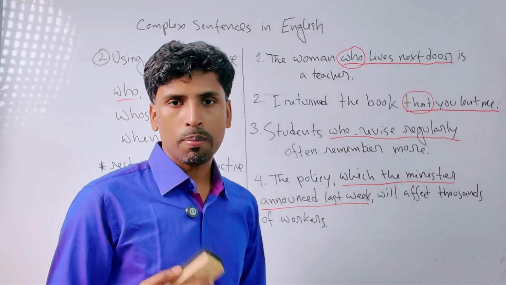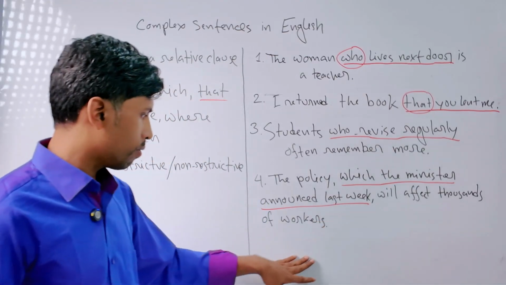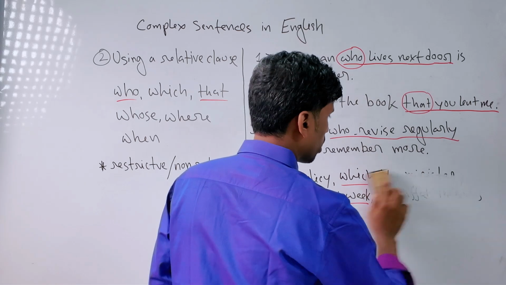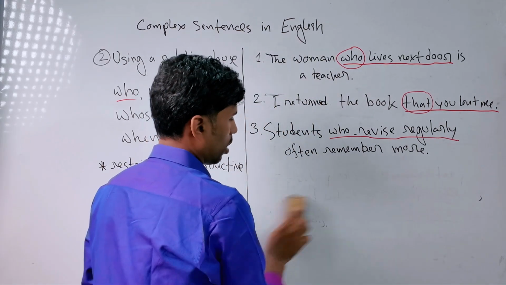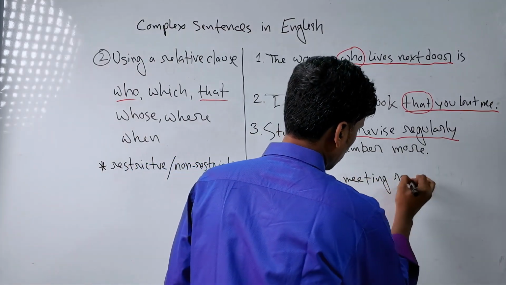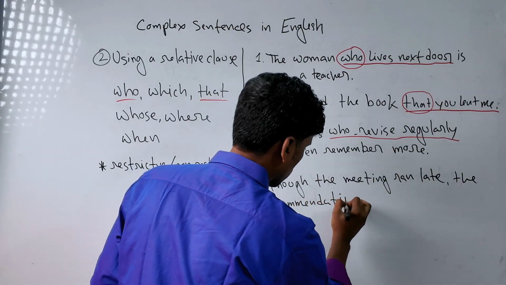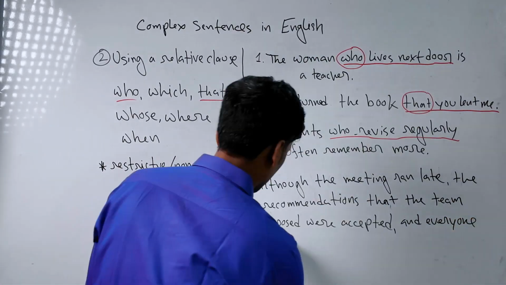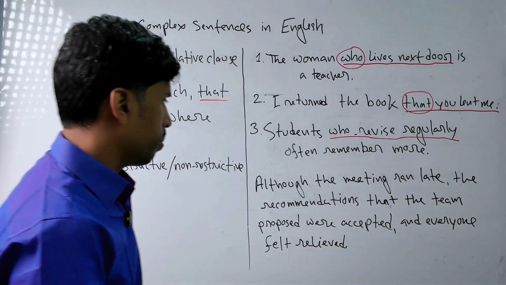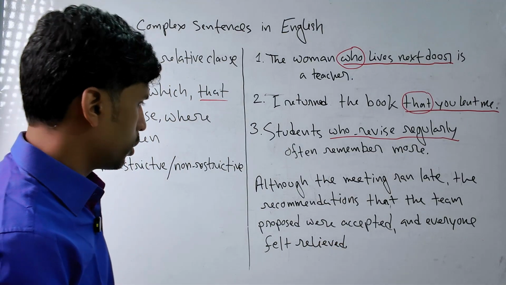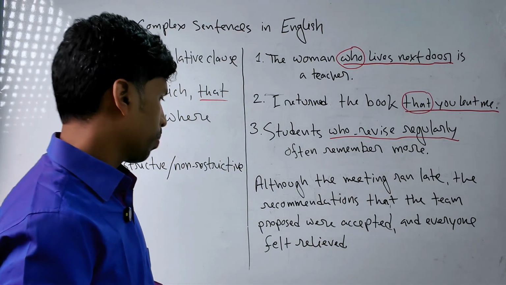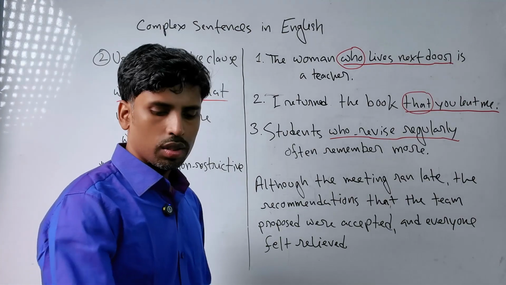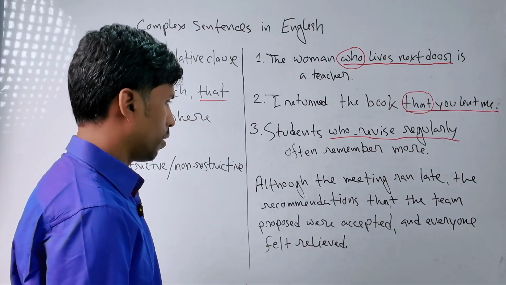Now I have a compound complex sentence here, but I don't have much space left here, so I'm going to erase this one. Although the meeting ran late, the recommendations that the team proposed were accepted and everyone felt relieved. All right, so we have several clauses here.